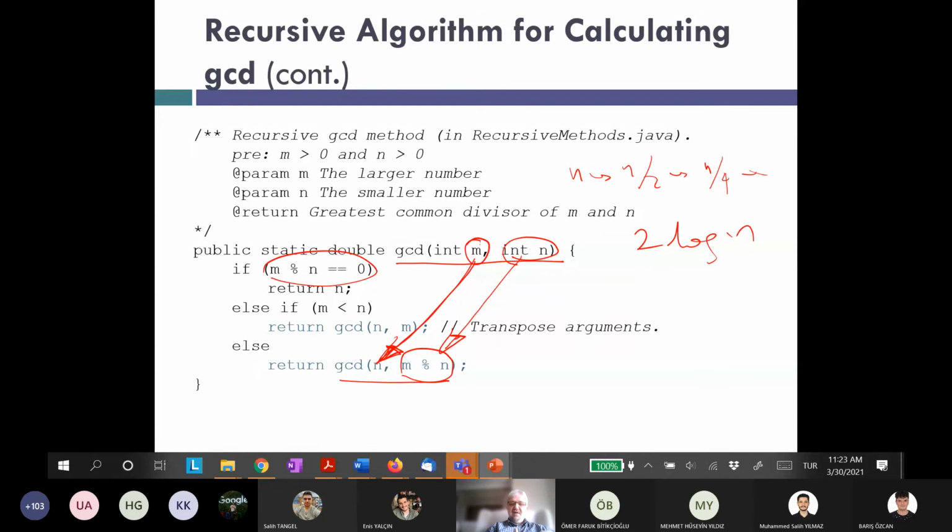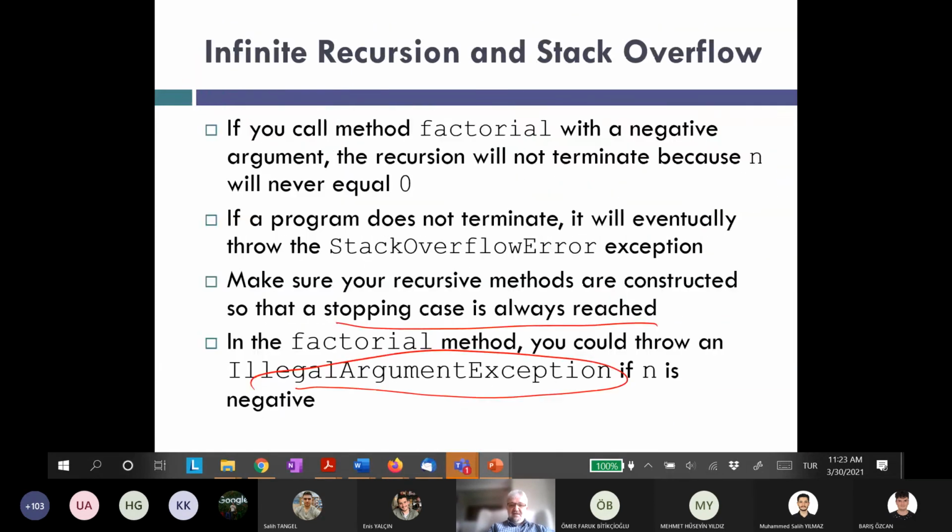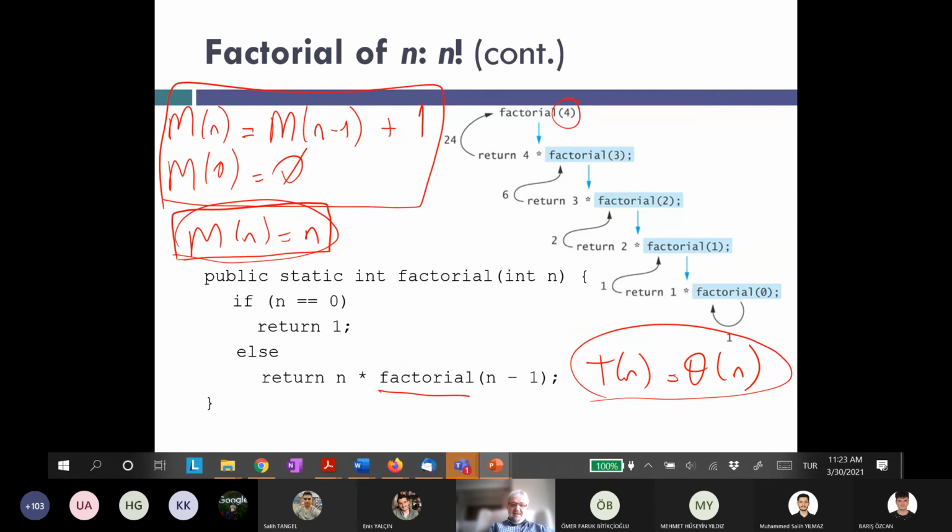But how much smaller? As you see here, here we have n and make it n minus 1 and use this property to write this one, right? Okay. Right, clear.